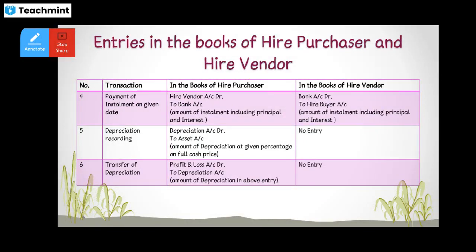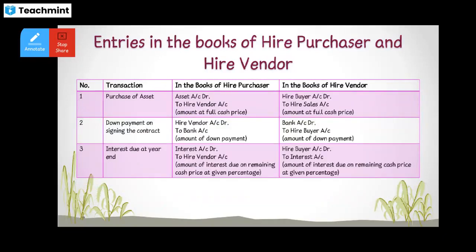Now here the amount of installment includes principal and interest, both things are included here, so you don't need to pass a separate entry for payment of interest. See here what we have written in the last slide. Interest due we have written, not interest paid.